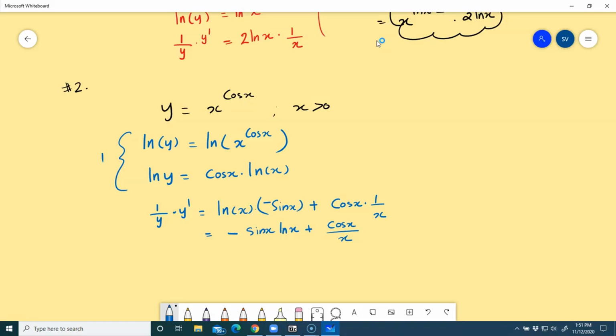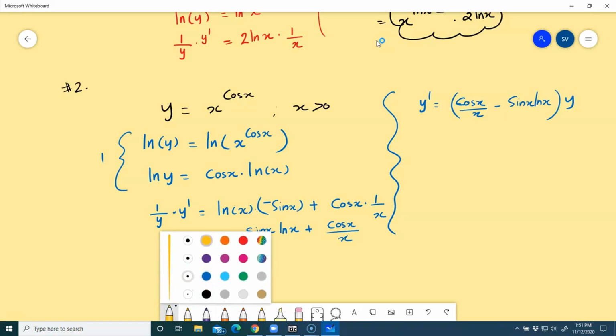I'm continuing the problem here. Multiply on both sides with y, so y dash becomes, I will write the positive term first, cos x by x minus sin x ln x, times y, because we multiplied both sides with y.